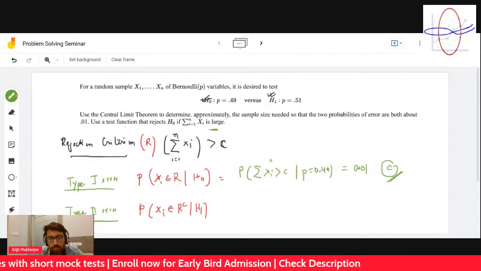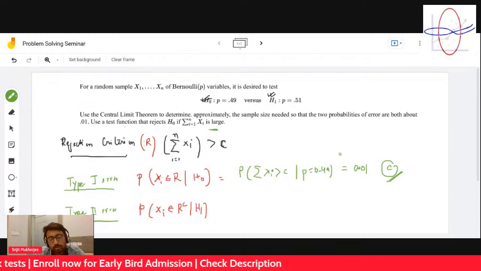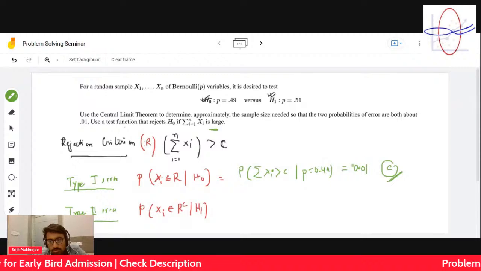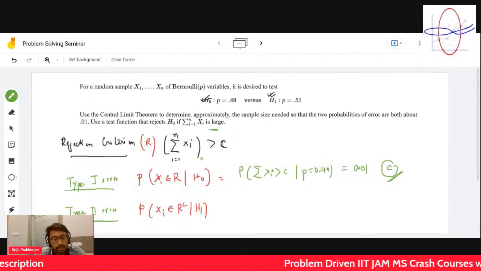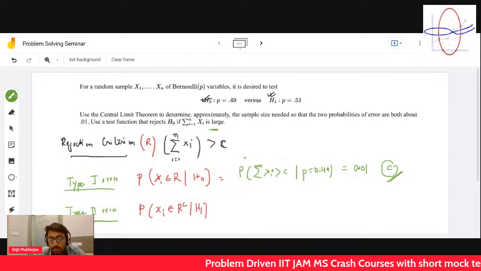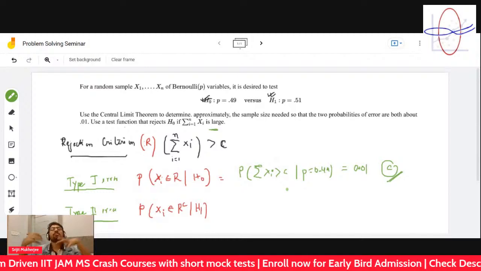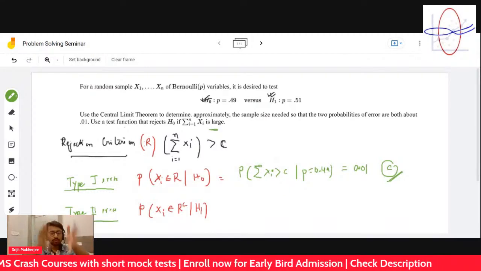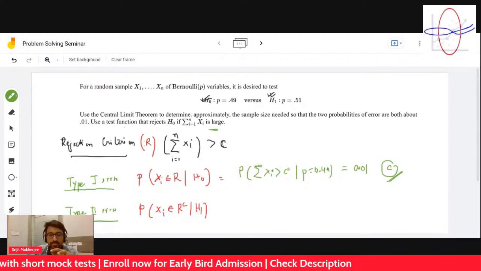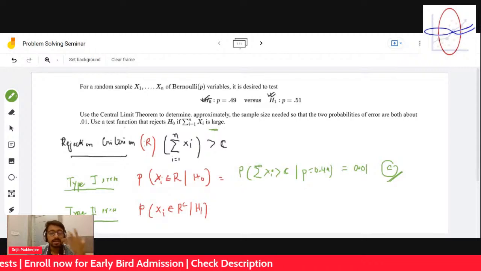Number one. And we will be using the central limit theorem, because you know that summation Xi is discrete. So greater than C, you will not have a perfect C value, so it's not exact.